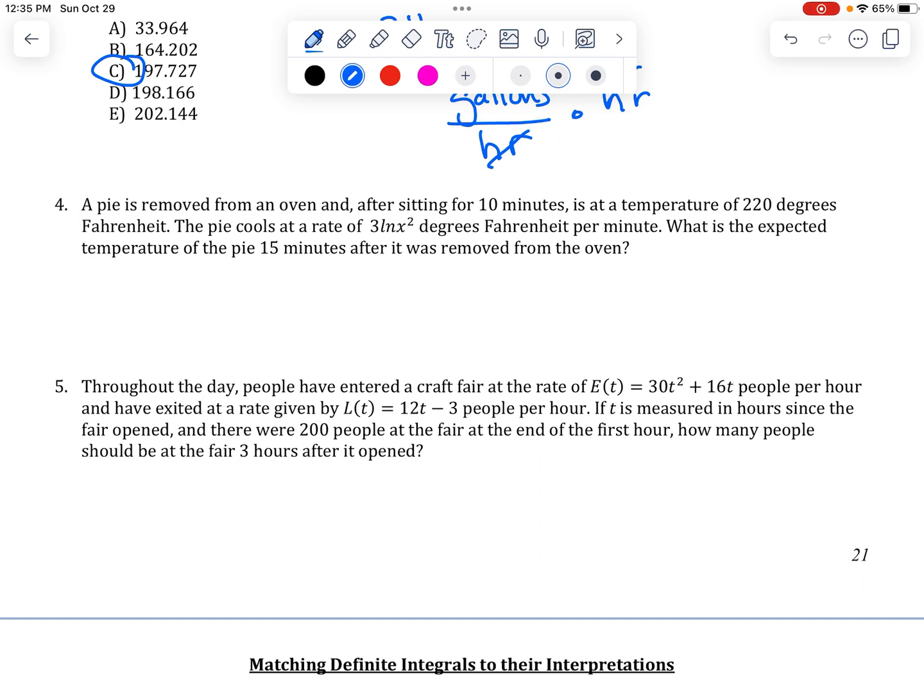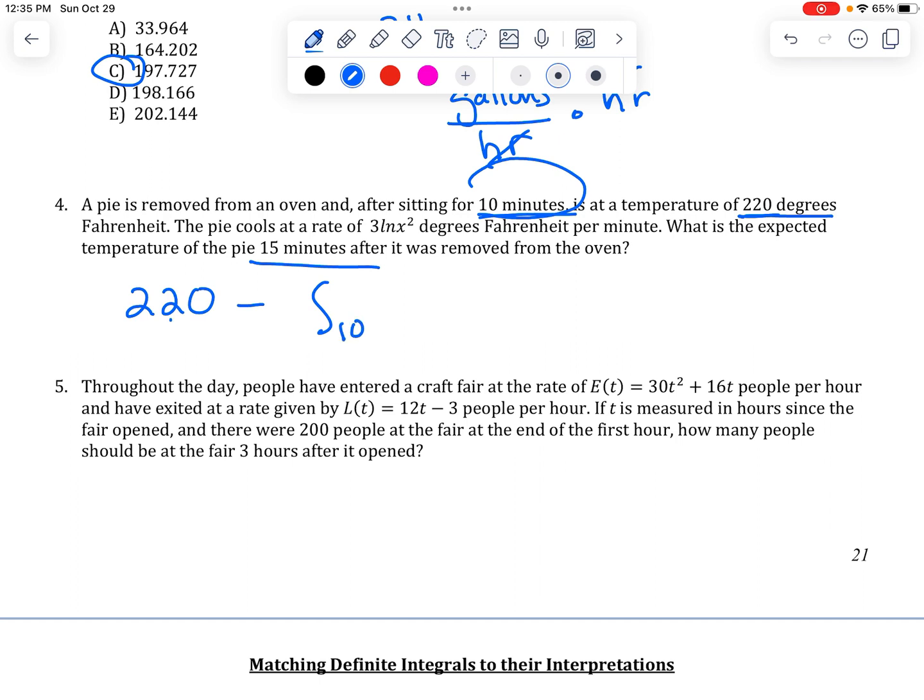Okay, so let's think about what's happening. It was 220 degrees after 10 minutes. So I started with 220 degrees. The pie is cooling, so we need to subtract off the temperature change from 10 minutes to 15 minutes after it was removed from the oven.